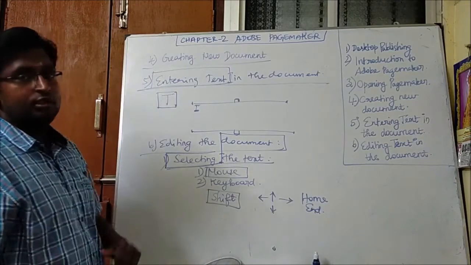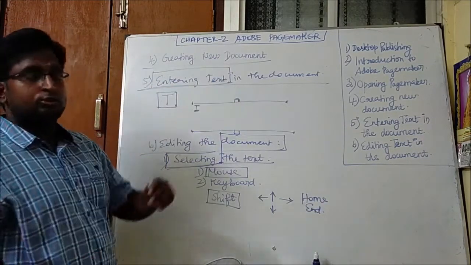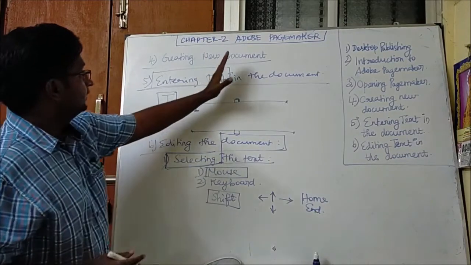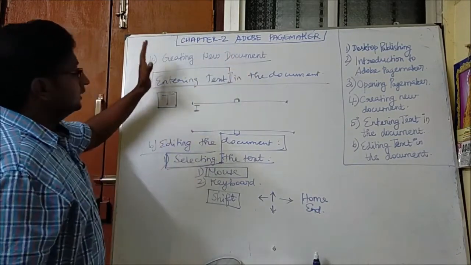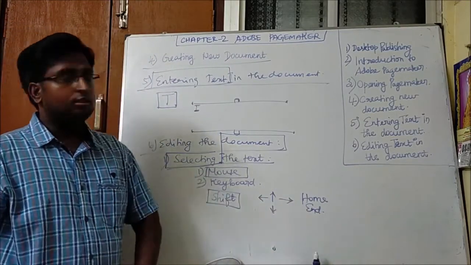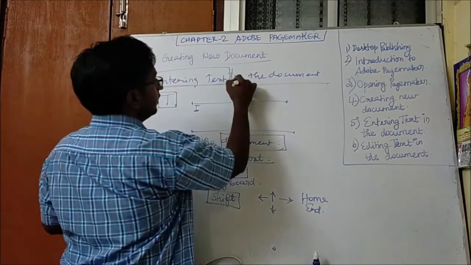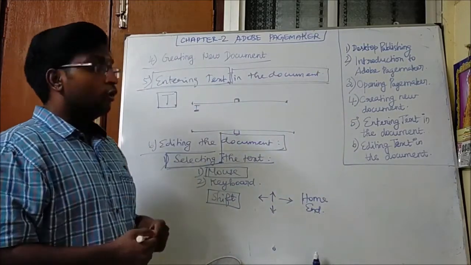So this text will be selected from the insertion point till the start of the line. Similarly, when you press end, the text will be selected till the end of the line. So that is home and end.